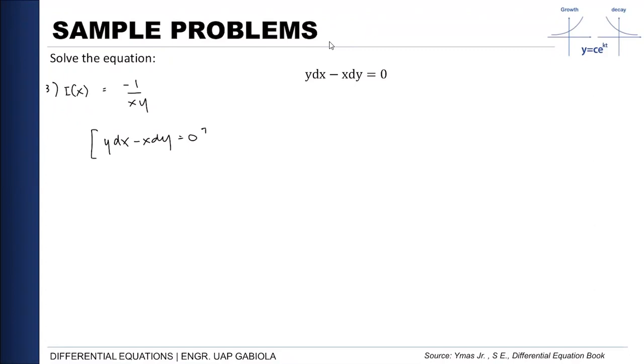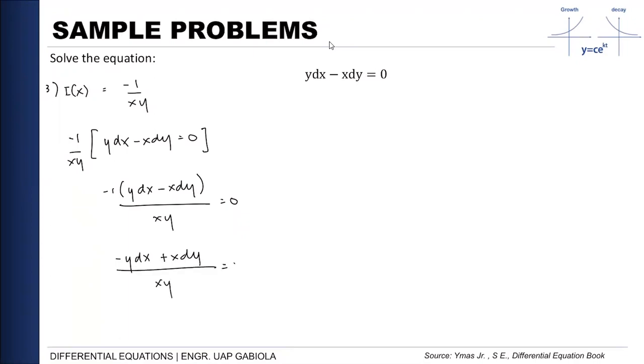And multiply daw natin with negative 1 over x. Okay? So we have negative 1 y dx minus x dy all over xy is equals to 0. So we have negative y dx plus x dy over xy is equals to 0.